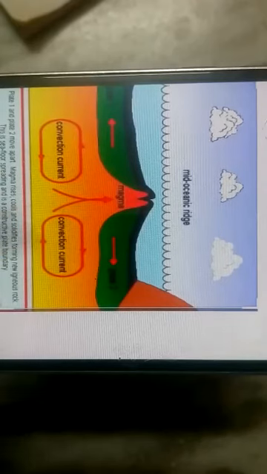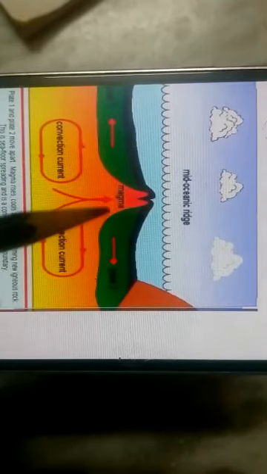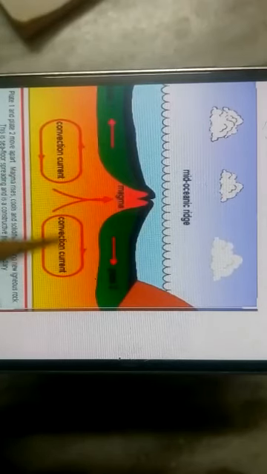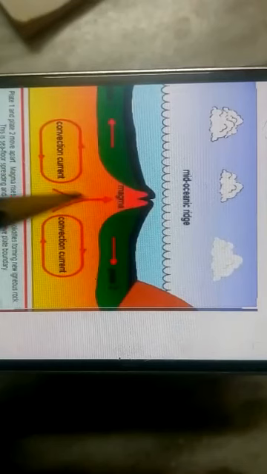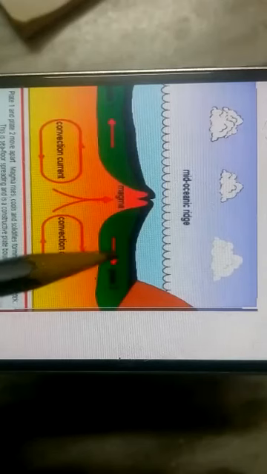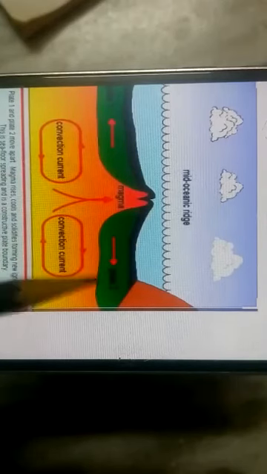You can see this is the central portion. The central portion of this ridge experiences frequent eruptions. Here you can see one plate and another plate.